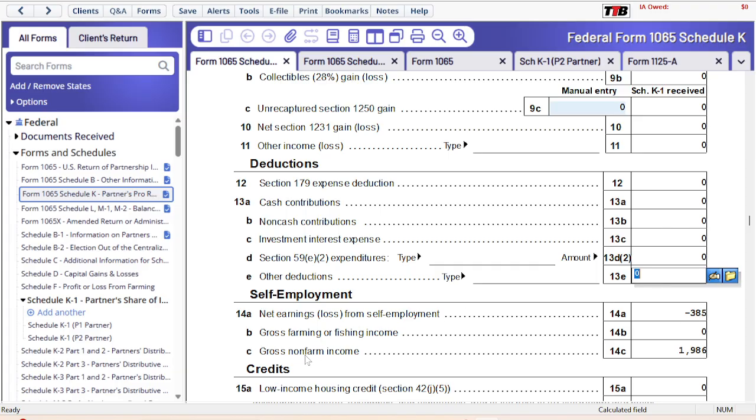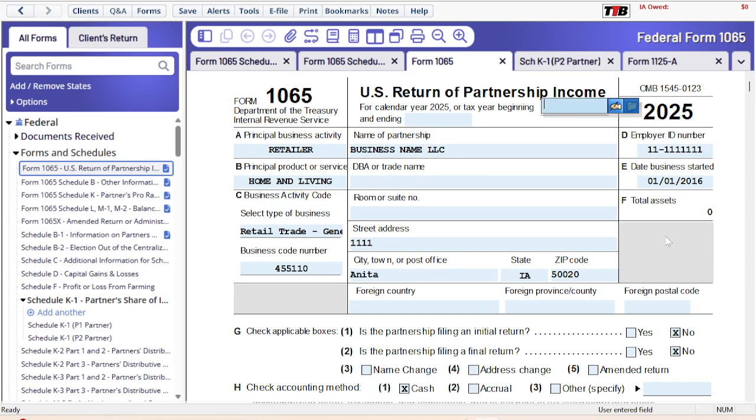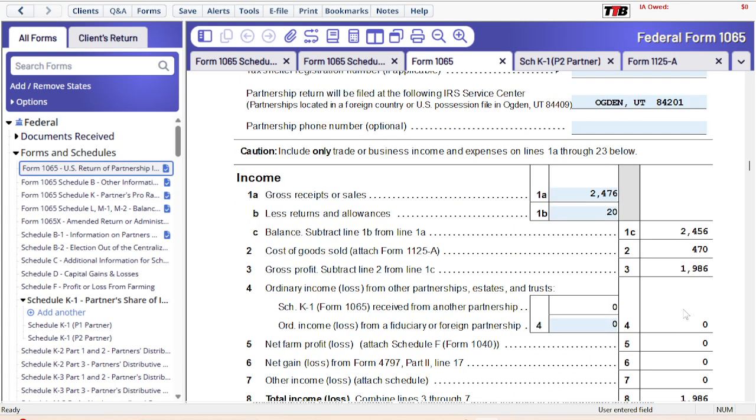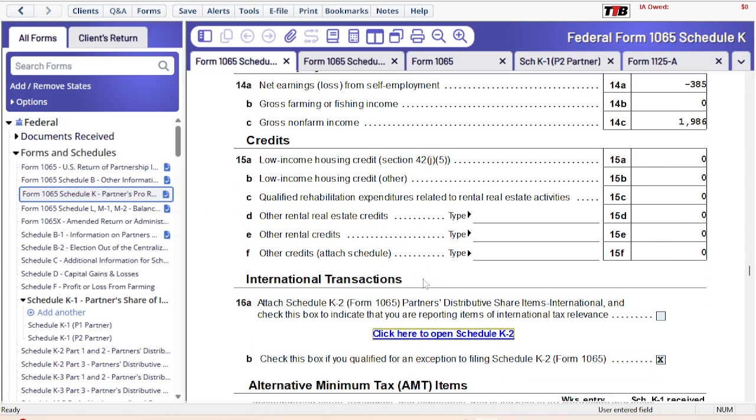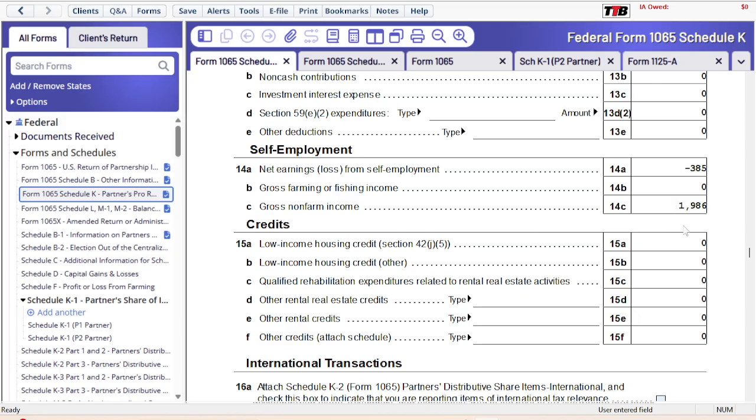Because it's not farming, we are not going to have anything there, but gross non-farm income is here, and this is 1065 line 3. Let's see if we can take us back to Schedule K.